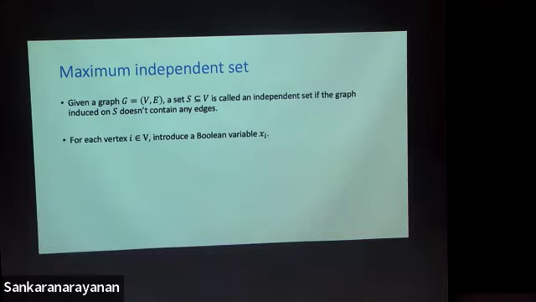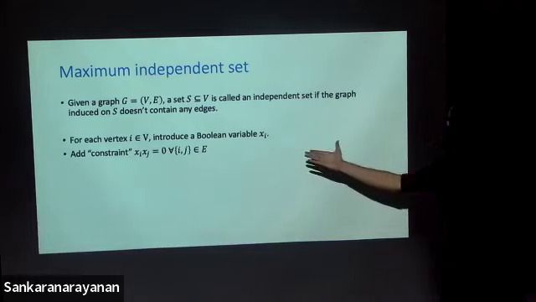Here it's a little different from the previous problem because we have a hard constraint, that you cannot have any edges inside your independent set. So we not only need to prove non-negativity of polynomials, we need to prove non-negativity subject to a set of constraints. So we're going to add constraints for each edge that xi times xj is equal to 0.